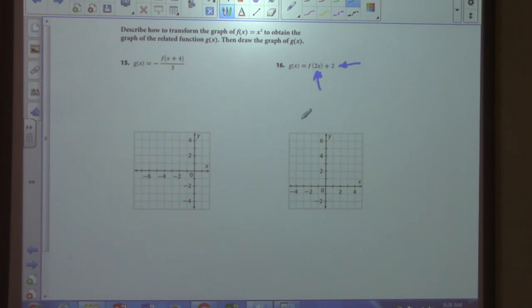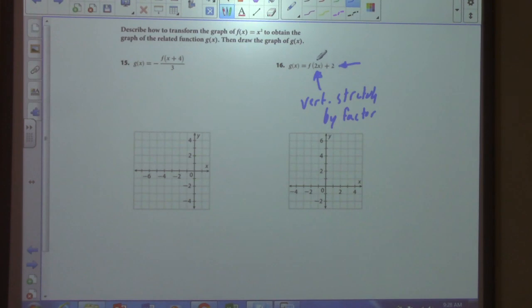Vertically stretch? Yes. So we'll say vertical stretch by a factor of 2, right? And then what is this plus 2 over here going to do? It's gonna move it up on the line.